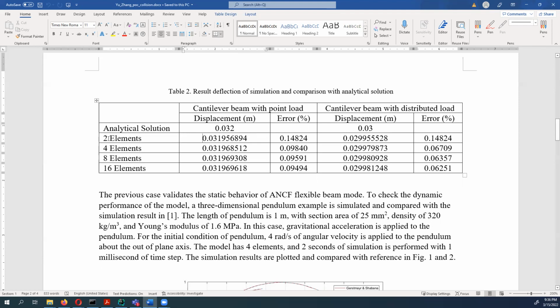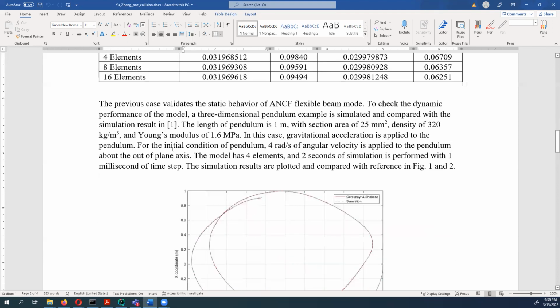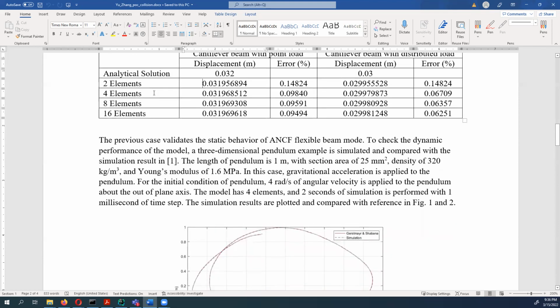That means two elements will not really be a good choice. I might need to use more elements. For that, I need to do some experiments with the model. But again, that will be given as one of the input parameters of the system. So the user can choose how many elements they want to use to formulate the flexible object.